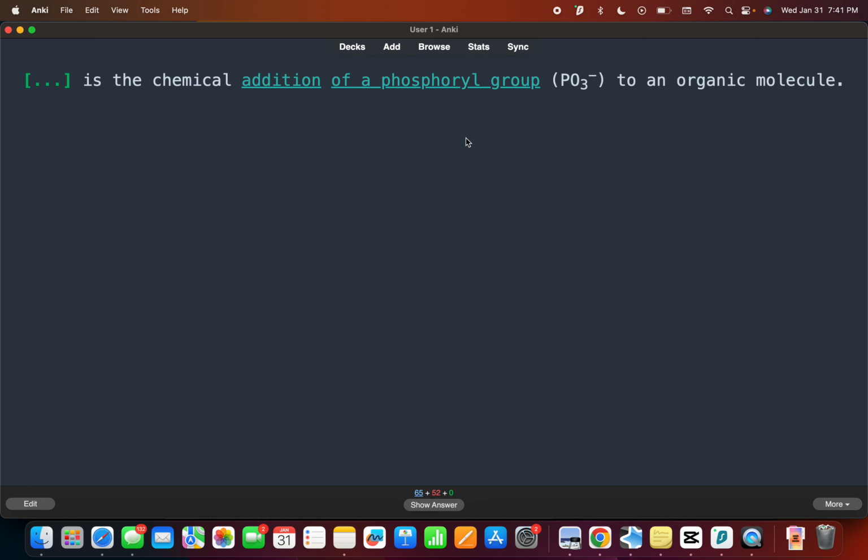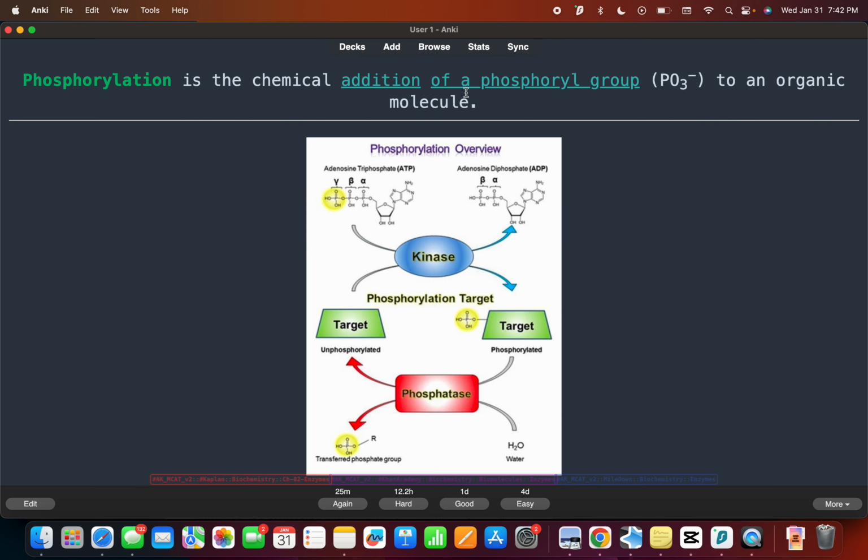Nice. What is the chemical addition of a phosphoryl group, PO3 minus, to an organic molecule? The addition of phosphorylation. Yes. Phosphorylation, PO3 minus is added. Kinases do that, right? ATP, add phosphate.